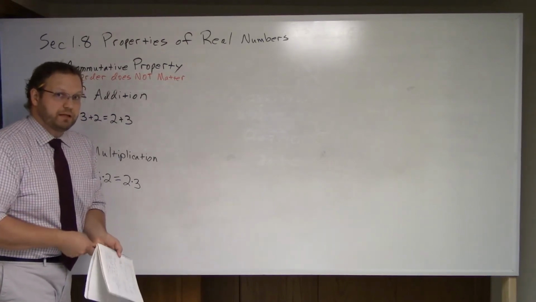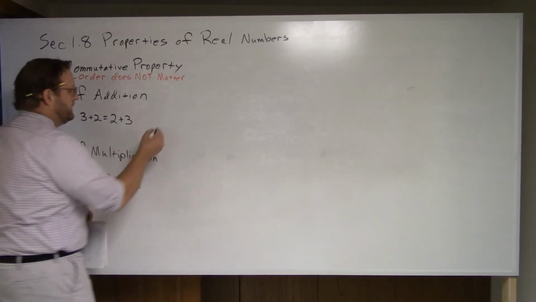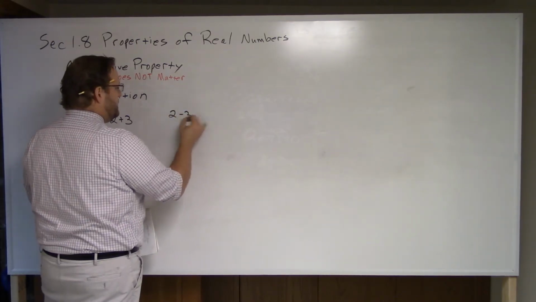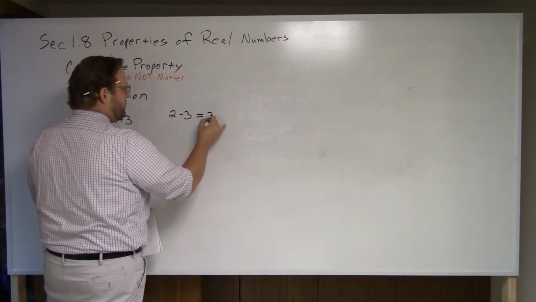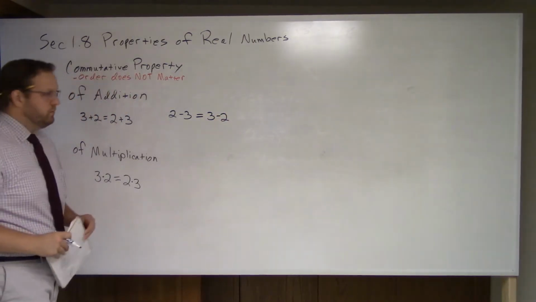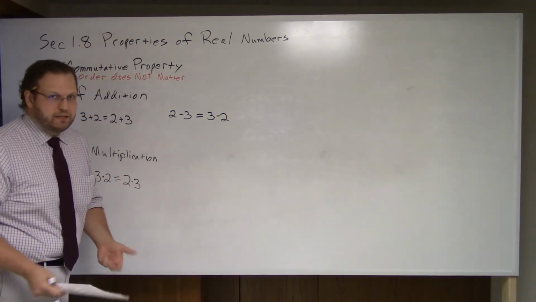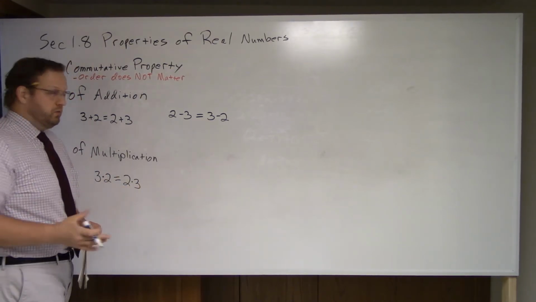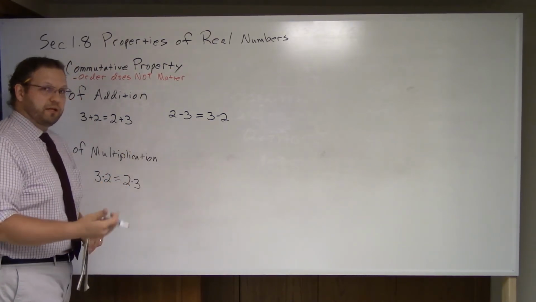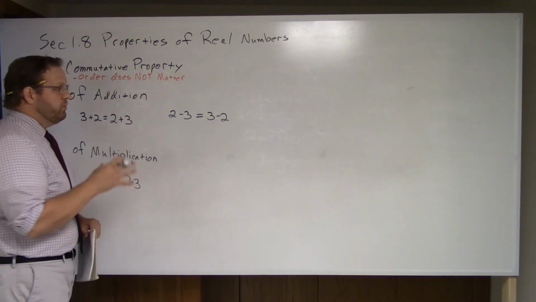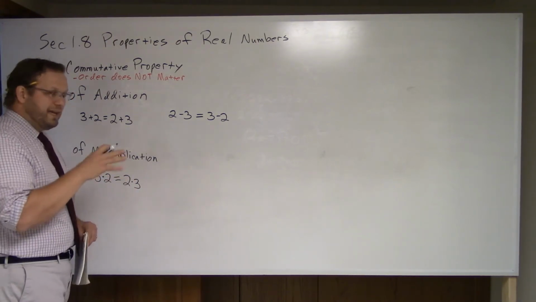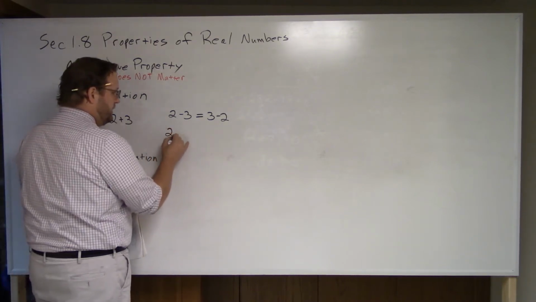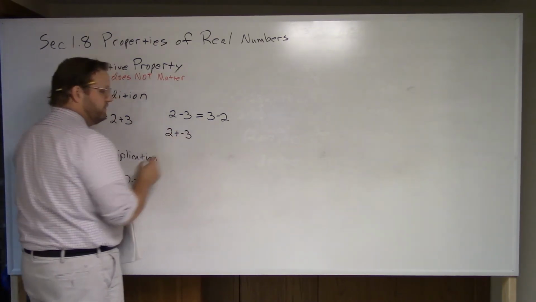Okay? Now, in terms of subtraction and division, we can get around the issue a little bit if we know how to manipulate the problems. For instance, if we had, let's say, 2 minus 3, is that the same as 3 minus 2? Okay, well, if we calculate that out, we can clearly see, no, that wouldn't be the same. However, they're pretty darn close. 2 minus 3 is -1, 3 minus 2 is +1. Remember, with subtraction, we can rewrite that problem, 2 minus 3, as 2 plus -3.